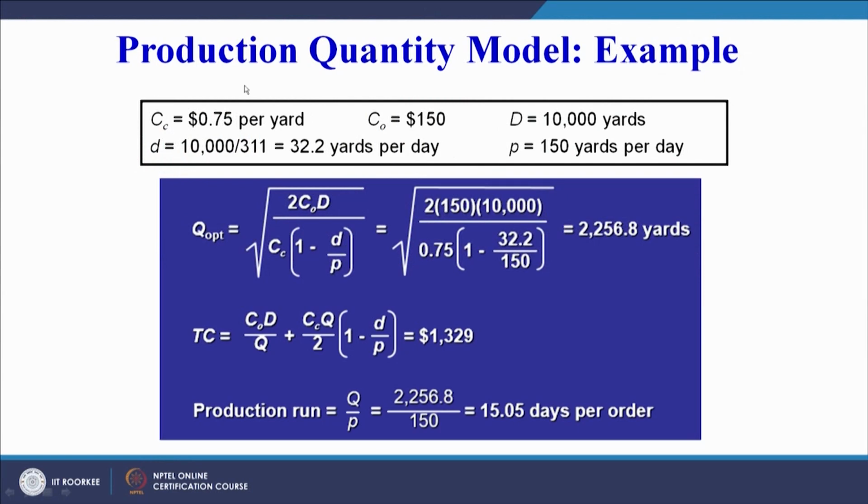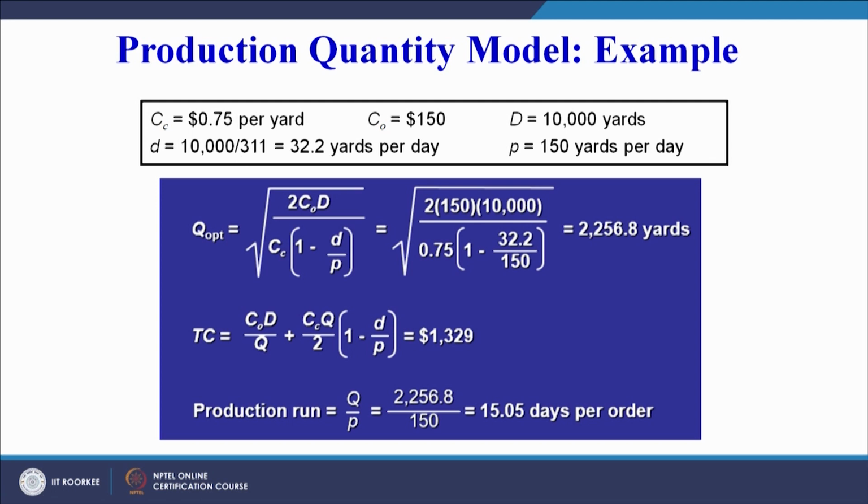Now here we can see a similar problem is given, for the production quantity model. Carrying cost is $0.75 per yard, the annual demand is 10,000 yards. A similar problem we took for EOQ also. The ordering cost is $150, and the demand rate is 10,000 divided by 311, that is, we are working 311 days in a year.